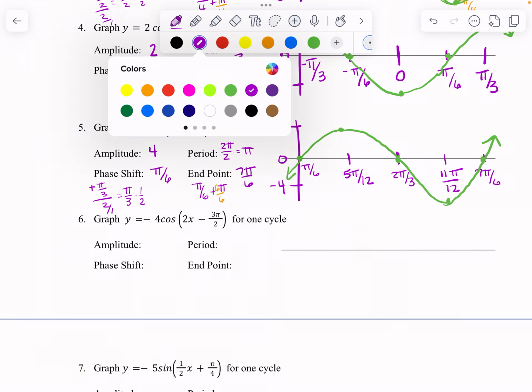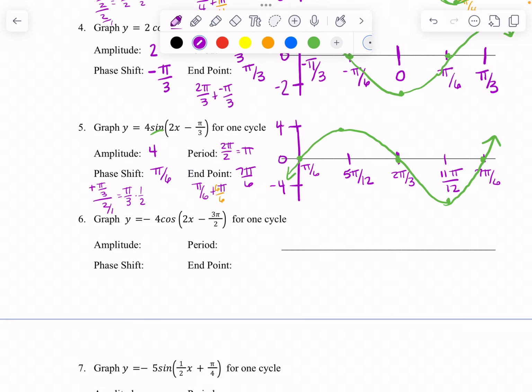Okay, here's a tricky one. Now I got a negative 4 cosine of 2x minus 3 pi over 2. All right, so my amplitude, remember, amplitude's still positive, but it's got a negative 4. That's okay. Period, 2 pi over 2, so pi.